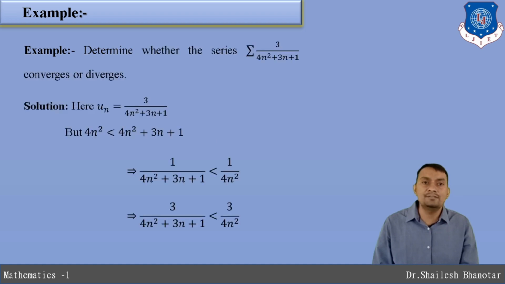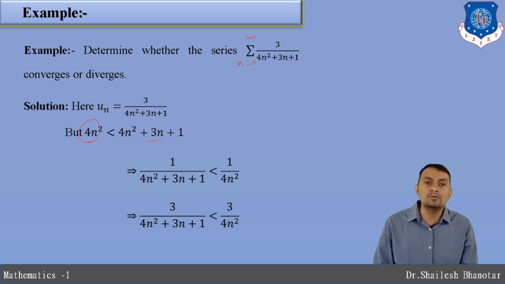So let us understand the first question. The series is 3 divided by 4n square plus 3n plus 1, summation from n equals 1 to infinity. Is this series convergent or divergent? First I consider un equal to this. But 4n square is less than 4n square plus 3n plus 1, that is clear because this is smaller than this one.